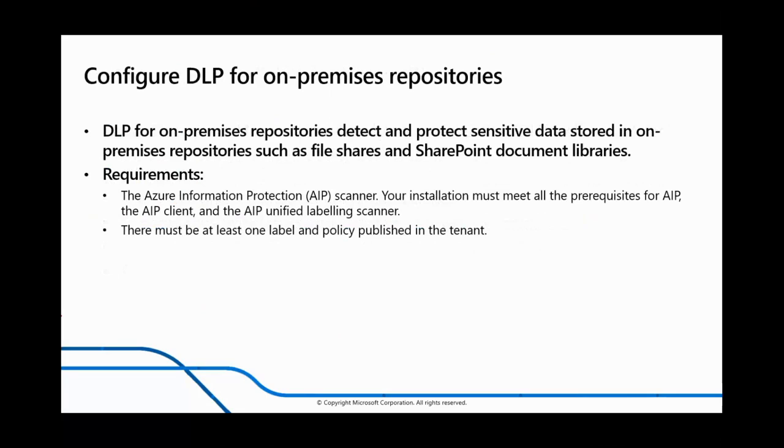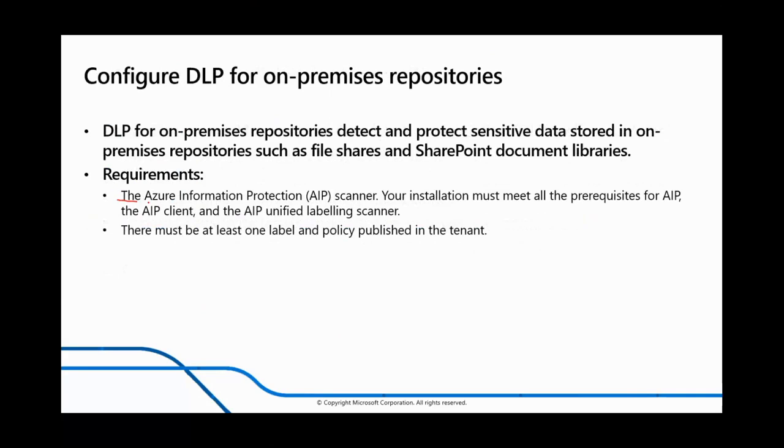On the other hand, if we extend the protection of data loss prevention for on-premises repositories, we can detect and protect sensitive data stored in on-premises repositories such as file shares and SharePoint document libraries. Again, we need to take into account the following requirements.